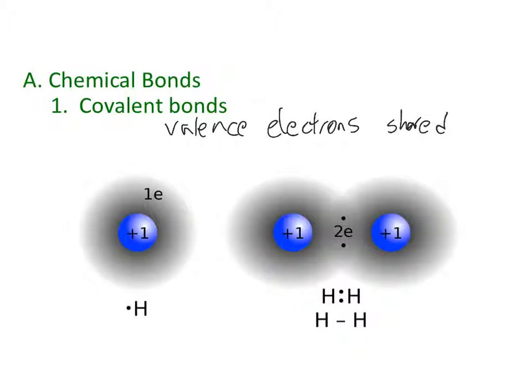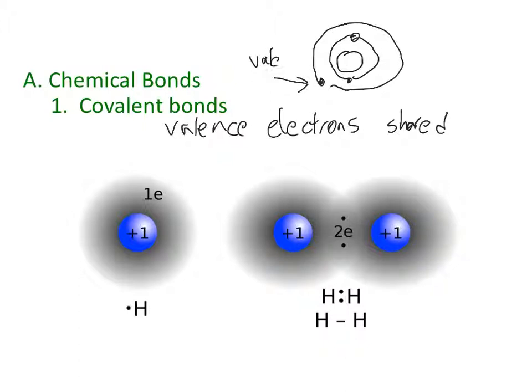If you remember looking at an atom, here's the nucleus, here's the inner shell, this would be the outer shell, so that would be a valence electron. If you share valence electrons between atoms, which you can see here in this bottom picture between two hydrogens, they're sharing the electrons, which gives it 2 electrons in that one shell, and that makes it very stable, and this creates a very strong bond. It's actually the strongest of the chemical bonds.